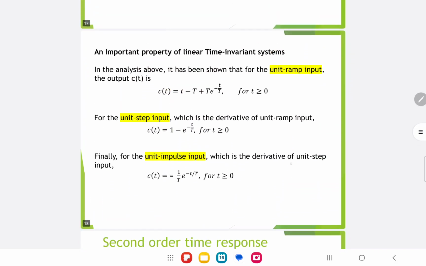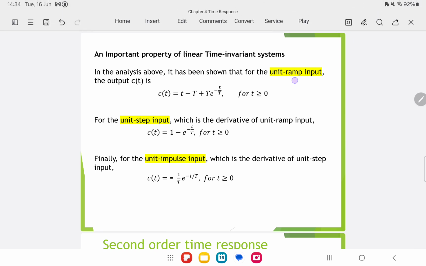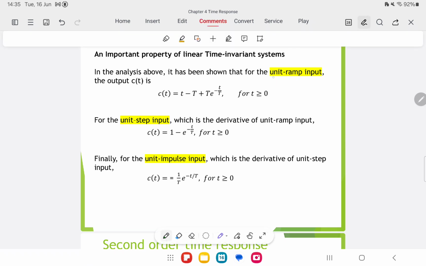Okay, alright. So now there is the relationship between all the inputs: unit ramp, unit step, and unit impulse. When we take the derivative of the unit ramp, dc over dt, we can get this one.